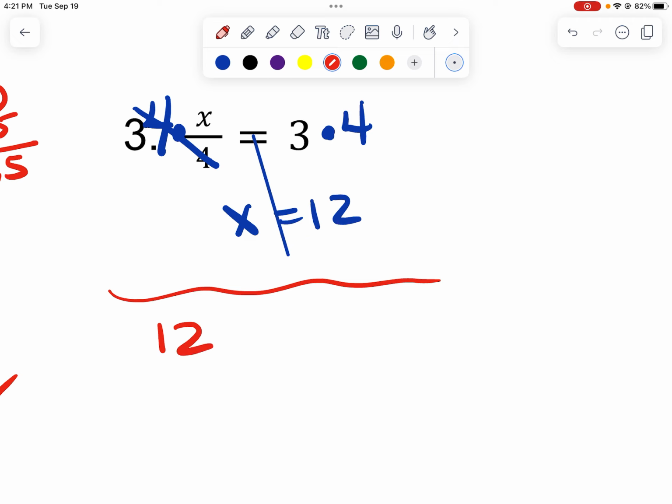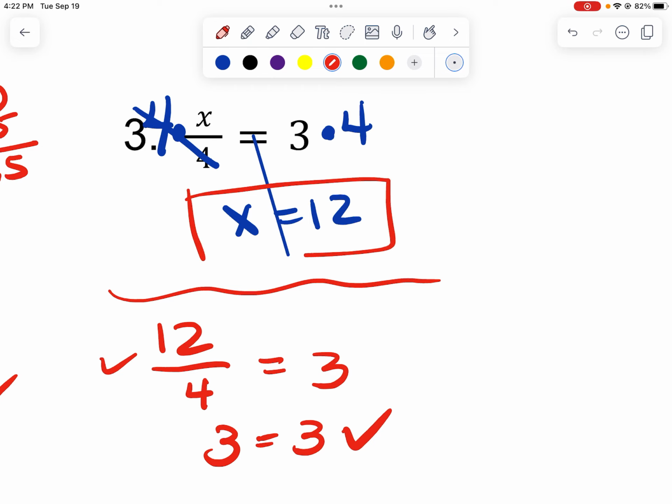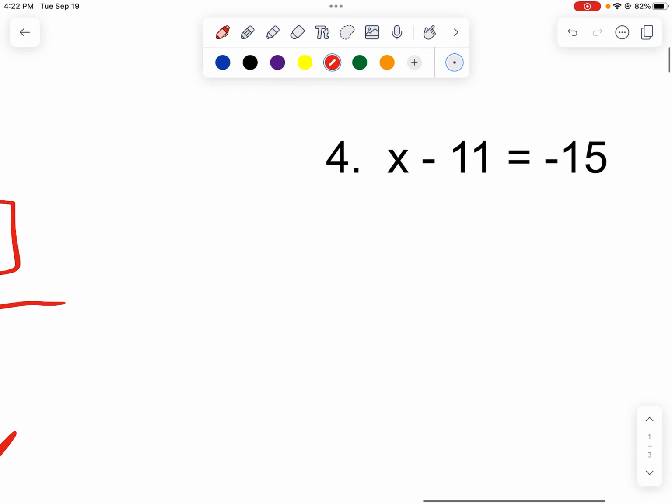So I'm going to replace the x with 12. 12 over 4 equals 3. Sorry. All sorts of noise today, guys. That 3 was bad. 3 equals 3. So yes, that is the correct answer.